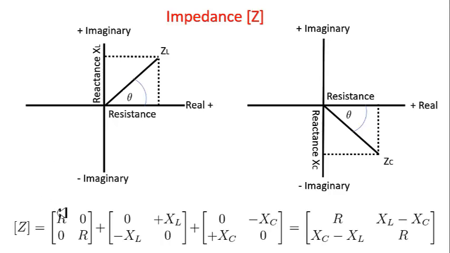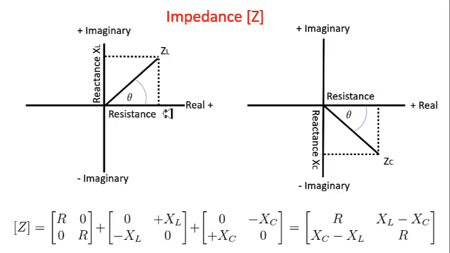And here you see that the parameters for the resistor are on the forward diagonal, and the parameters for the reactance, both the inductive reactance and the capacitive reactance, are on the backward diagonal. But as you can see, the inductive reactance has a positive in the upper right corner and a negative in the lower left corner, and the capacitive reactance has a negative in the upper right corner and a positive in the lower left corner, and this is commonly referred to as the complex conjugate.